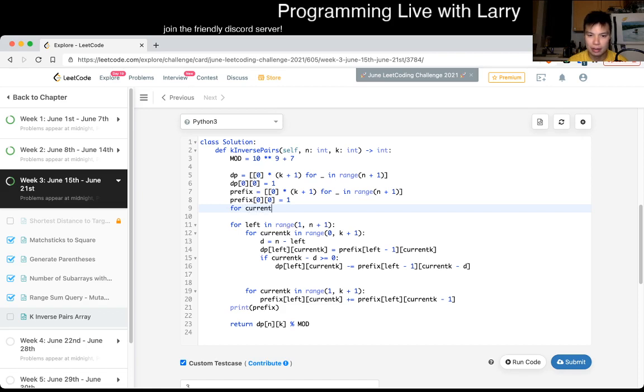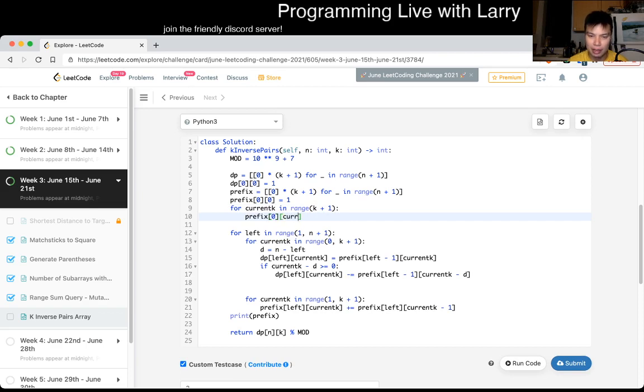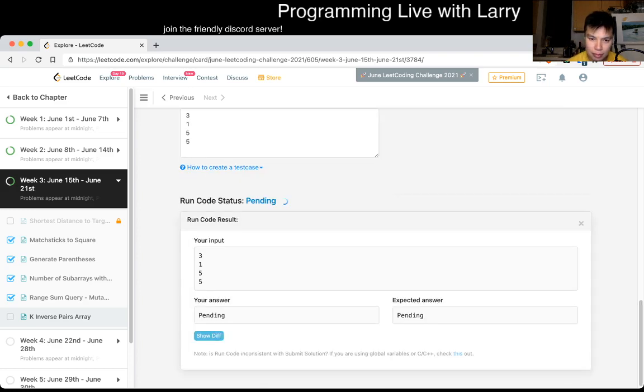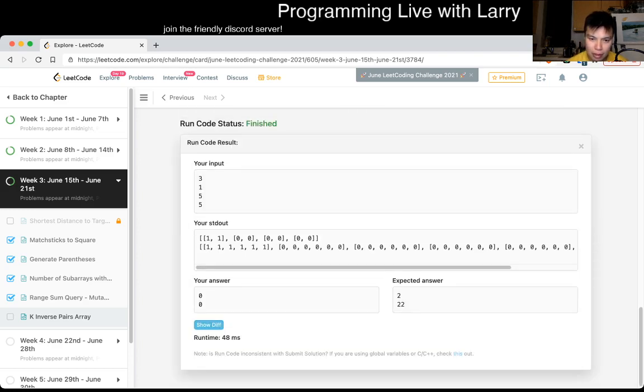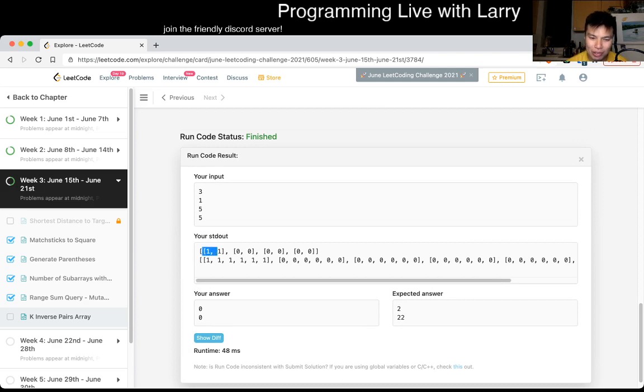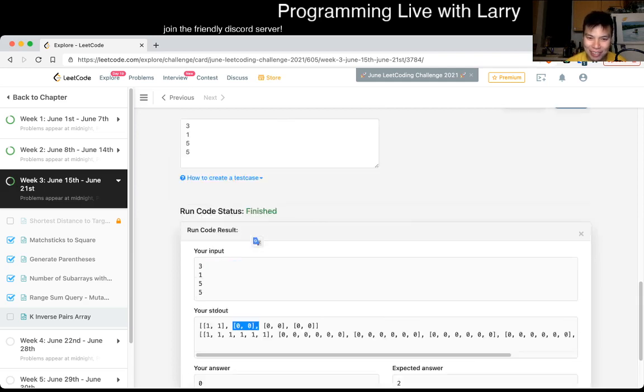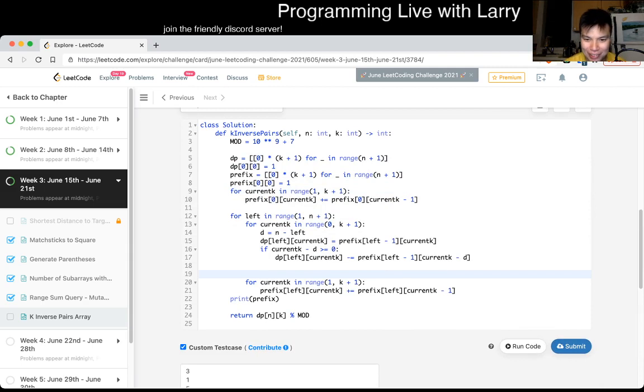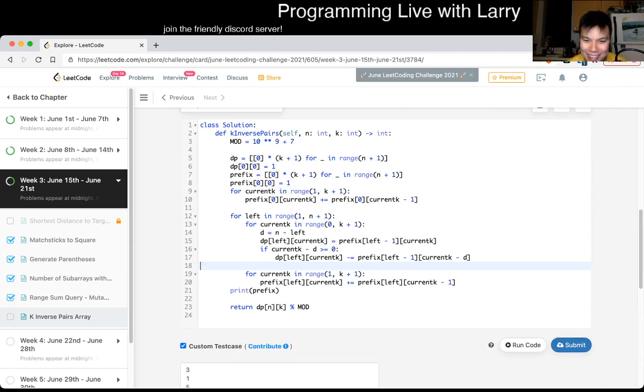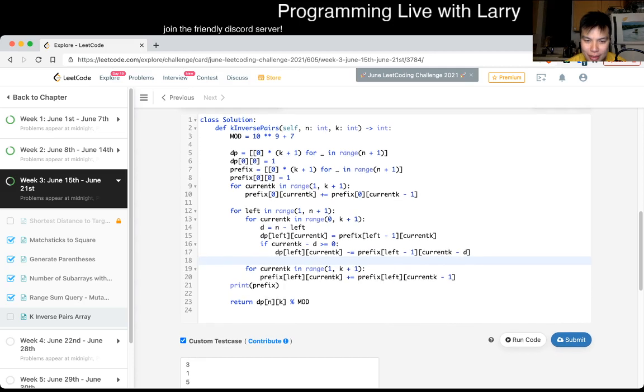So for current k in range of k plus 1, prefix of 0 of current k. Okay, I mean this is better, but well, we filled the first row correctly. Now we have to fill out the second row, which is the hard part, I suppose. Well, I mean they're both hard, clearly. dp.